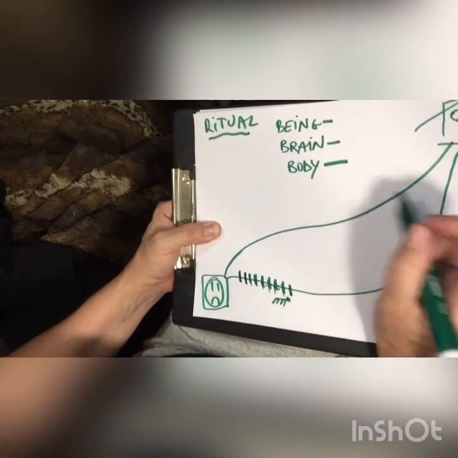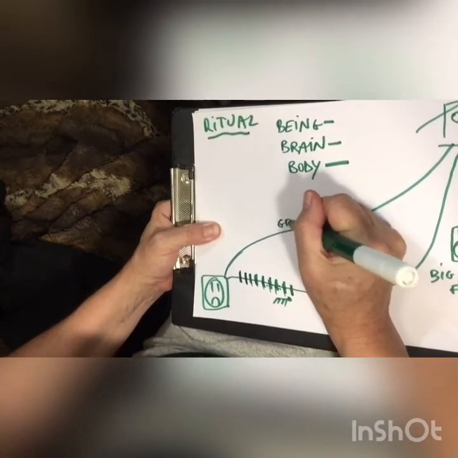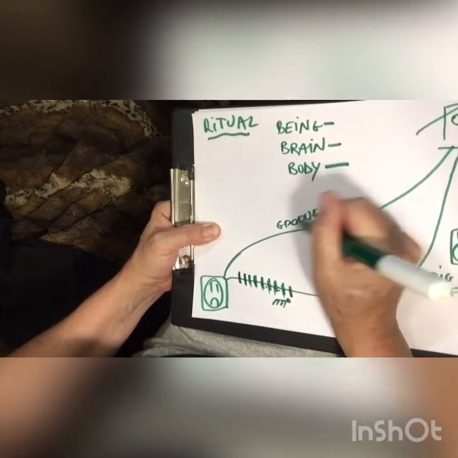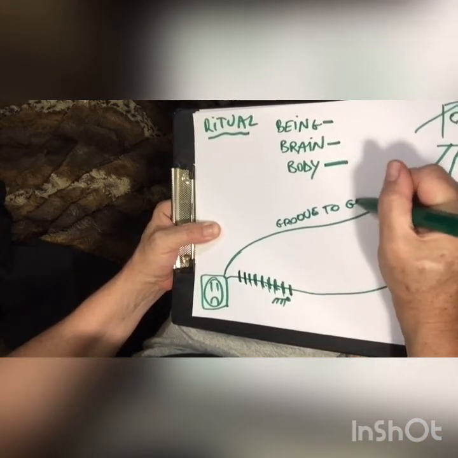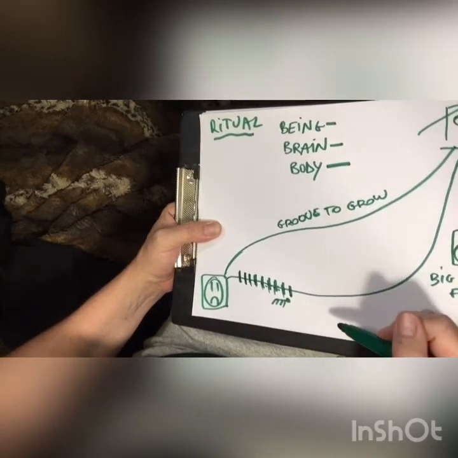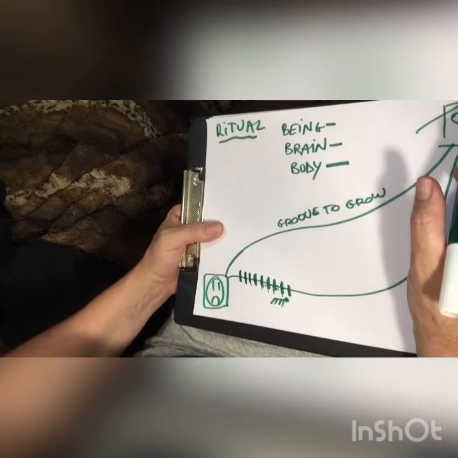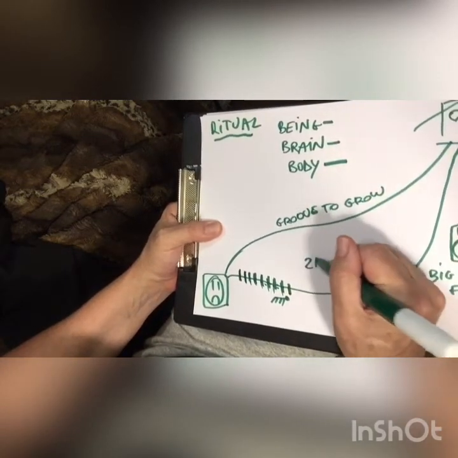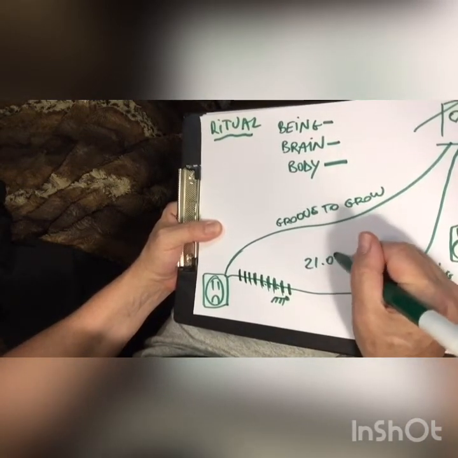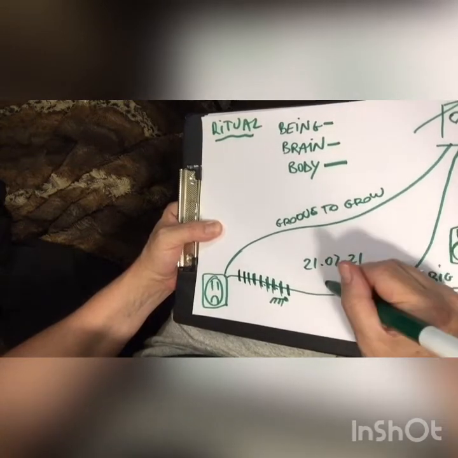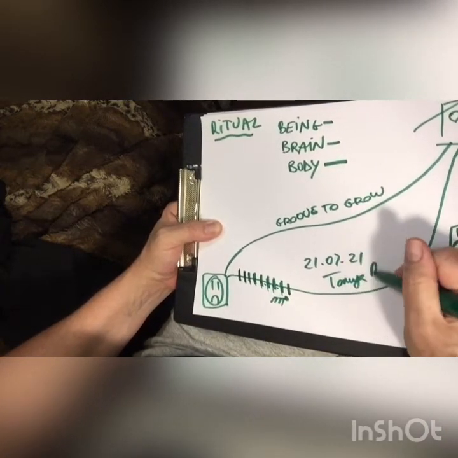Before you commit to it, you need to write groove to grow. Take some time to think about all this and commit to it by dating it and signing it.